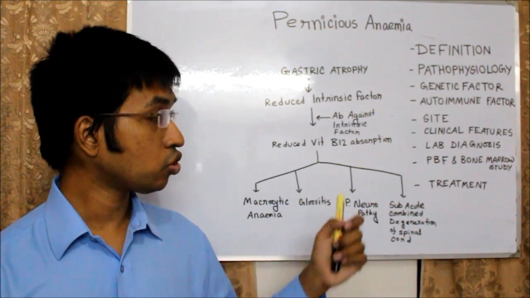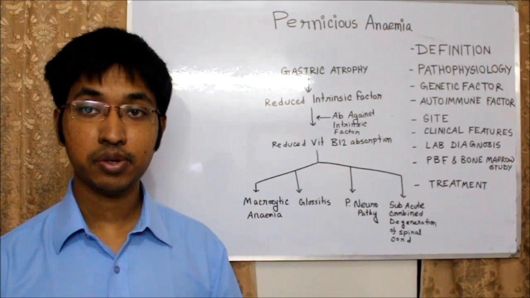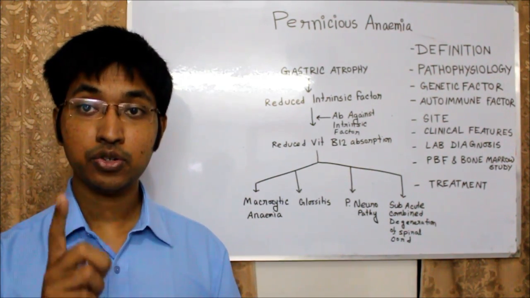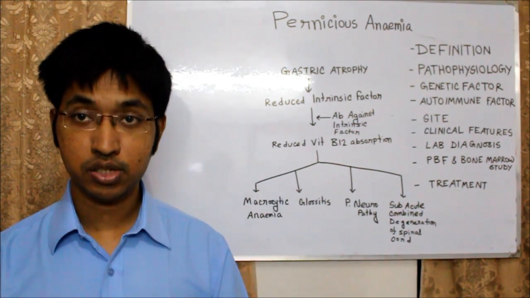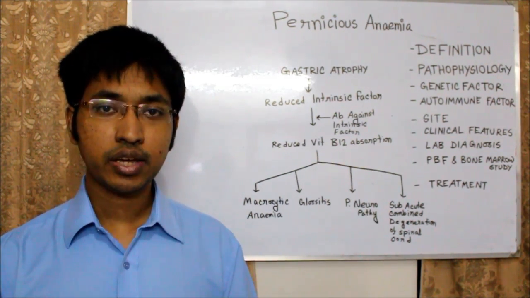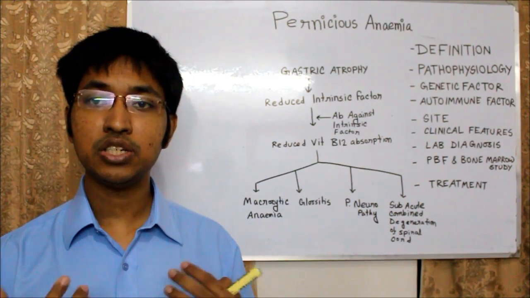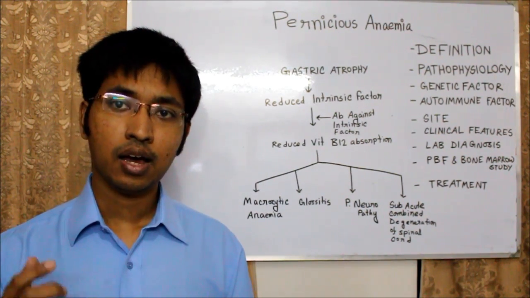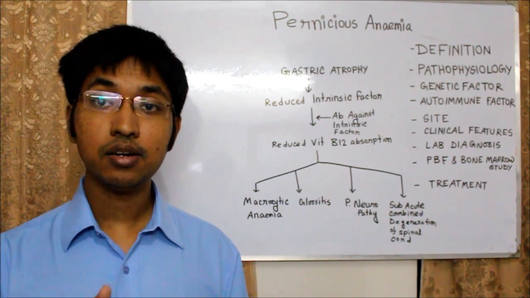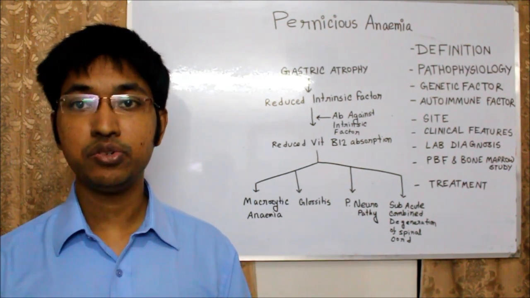And regarding autoimmunity in pernicious anemia, what are the autoimmune factors of pernicious anemia? The first one is other autoimmune disease. Let me explain. It is seen that a patient of pernicious anemia often gives history of some other pre-existing autoimmune disease.